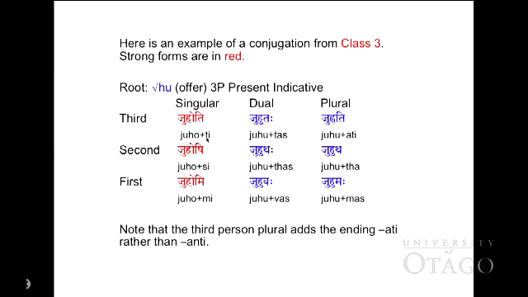So we go to juhoti, juhutas, juhu plus ati will be juhvati, juhoshi, juhuthas, juhutha, juhomi, juhuvah or juhuvas, juhumas. Note that the third person plural has the ending ati rather than anti here, and it will be juhvati, not juhvanti.